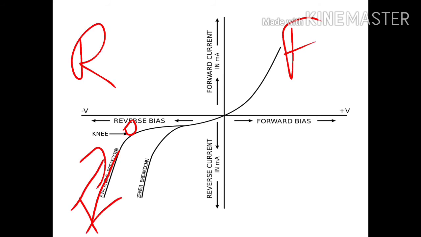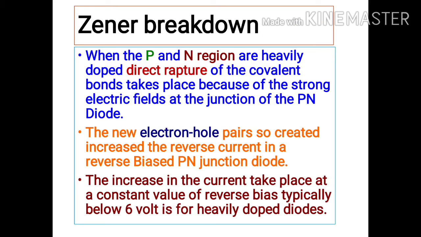So now we will be studying about the Zener breakdown. In case of Zener diode, the P region and the N region are heavily doped. So due to the heavy doping, there will be direct rupture or direct breakdown of the covalent bonds that takes place because of the strong electric field at the junction of the PN junction diode.